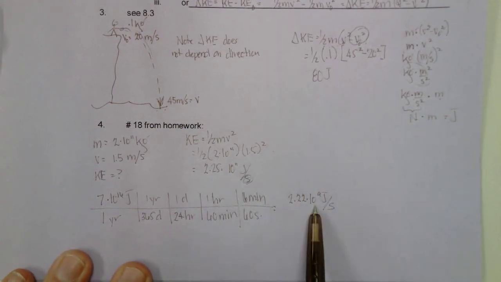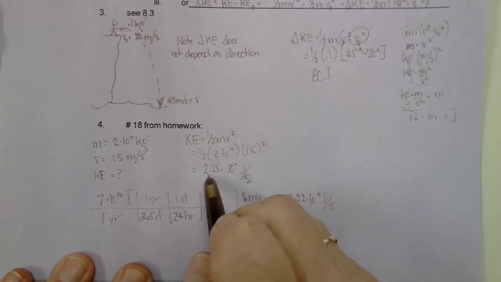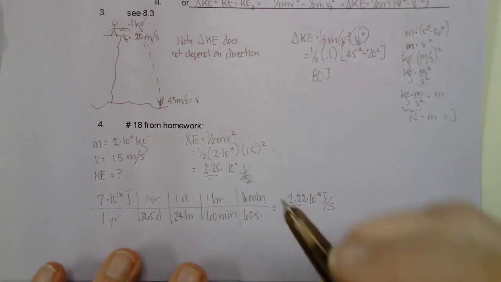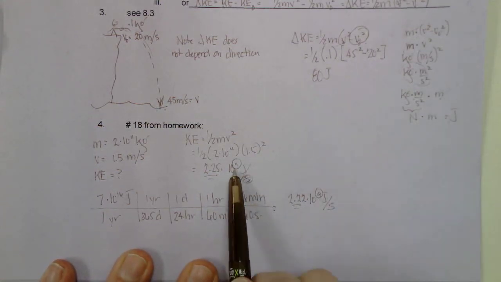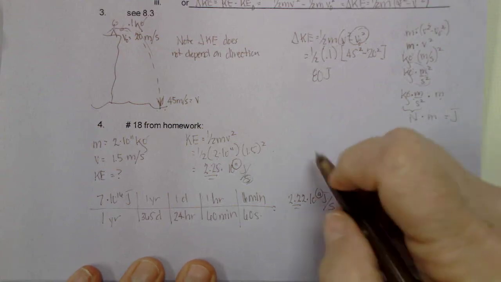So I'm comparing the two of these. And you'll notice that this part of it and this part of it are almost exactly the same, close enough. So what I'm really going to compare now are my powers of 10. This is 2 powers of 10 greater than this. 2 powers of 10 is 100.